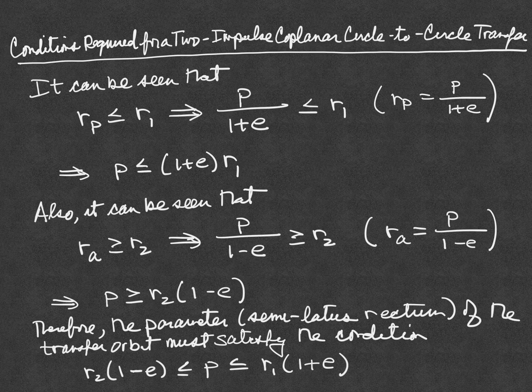So these are the conditions required in order to be able to accomplish a two-impulse coplanar circle-to-circle transfer.